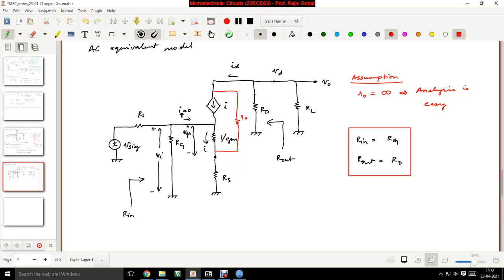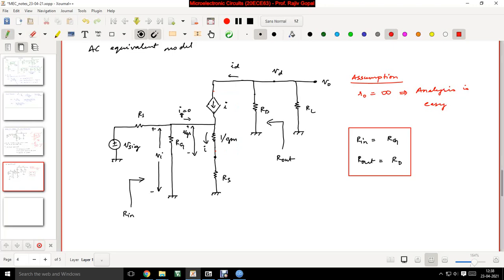This will be R naught, right? But analyzing this circuit will be tough. And R naught anyway is a very high value, right? So if I ignore R naught also, it is all right. It is not like we get an approximate answer. It is actually a better answer. The gain which you calculate with and without R naught will be almost the same, right? So for easy analysis, I simply ignore R naught. I make R naught infinite.